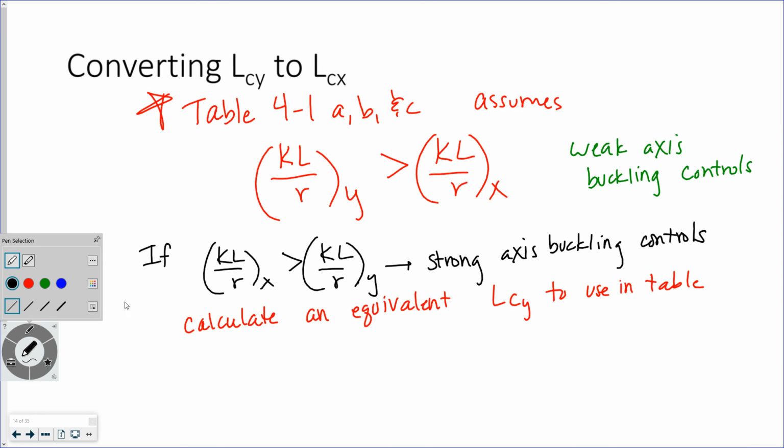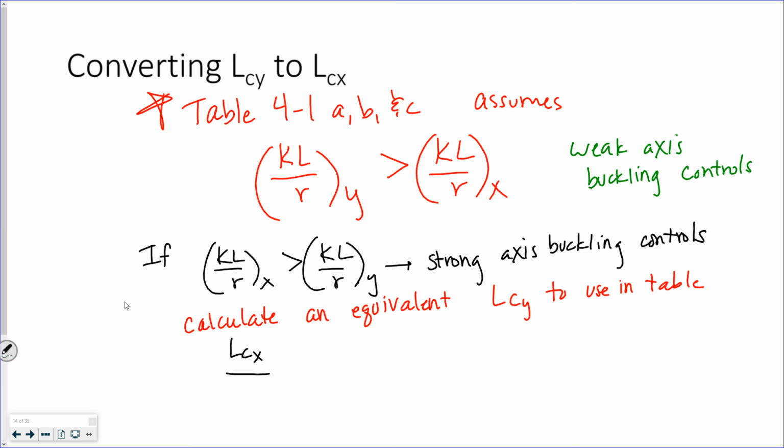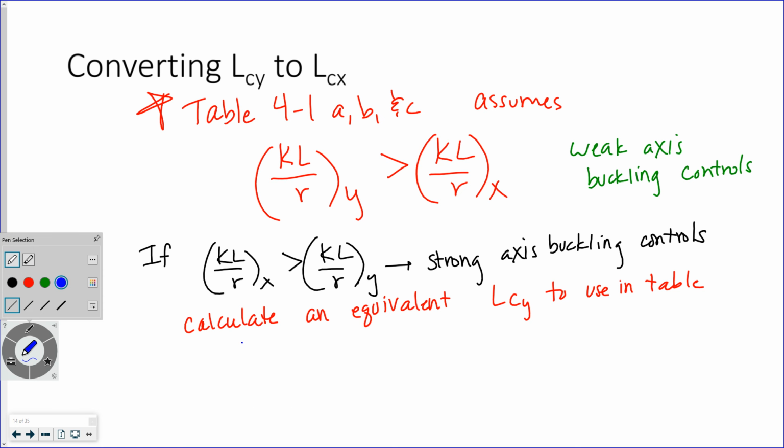KL over R, let's say I have LCX over RX. LCX over RX, that's my slenderness ratio.